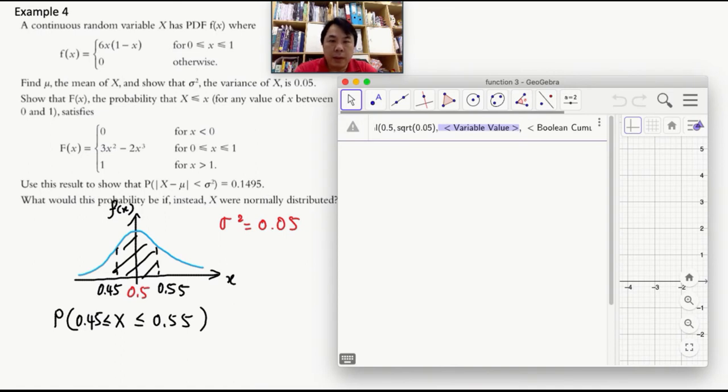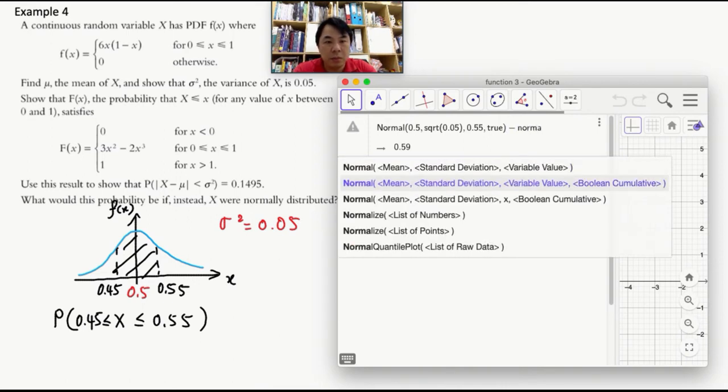And then here, I'm interested to get the variable value. So what am I looking at here? This one will be the value of 0.55, and then I would say here is true. I'm interested to get the area. Okay, just let me work that out.